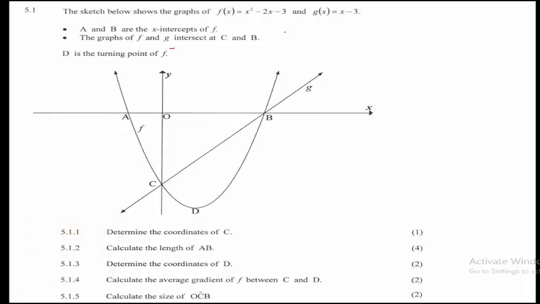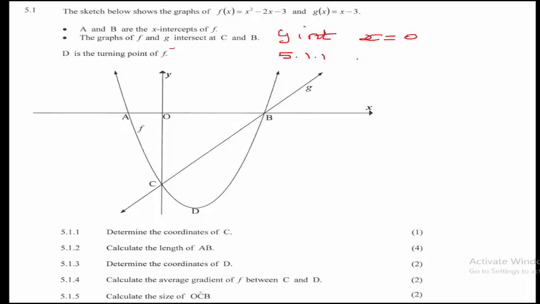So say for example you make your x 0. So basically this is your y value, and for your y-intercept you generally would make what? X equals to 0.